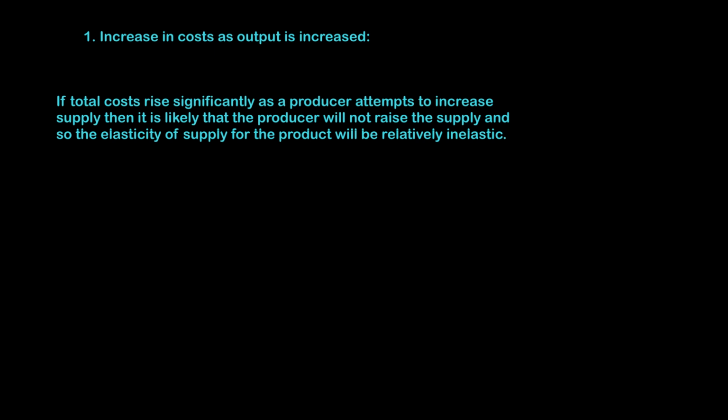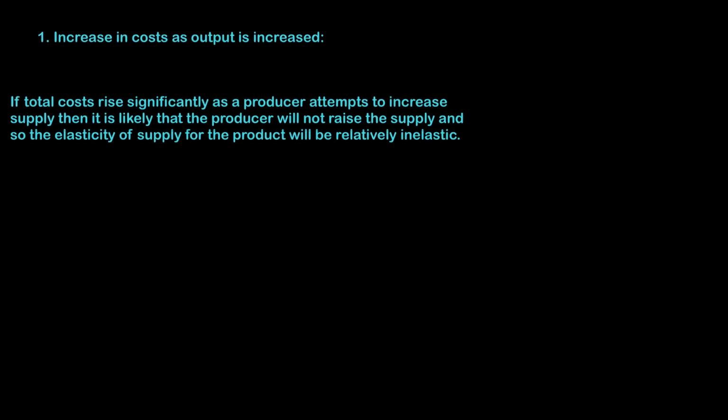But if I need to hire more factors of production or need to undertake a significant cost, then my ability to increase supply will be low, and that will make my supply inelastic. So let's talk about this, guys. What are the factors that will make the supply of a good inelastic because the cost rises a lot?